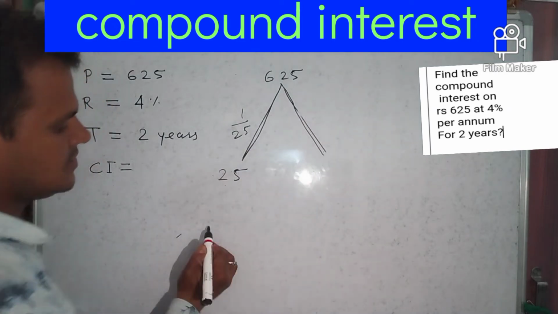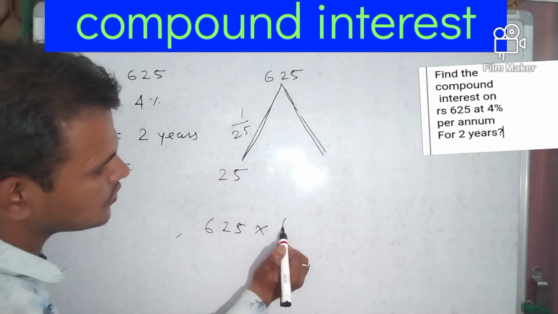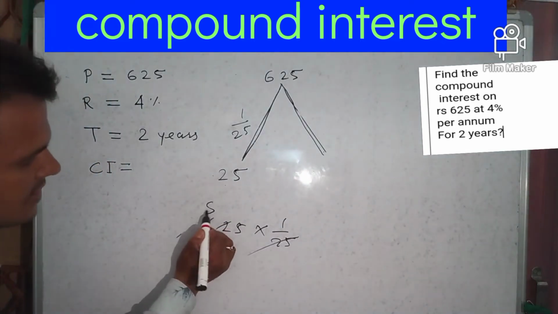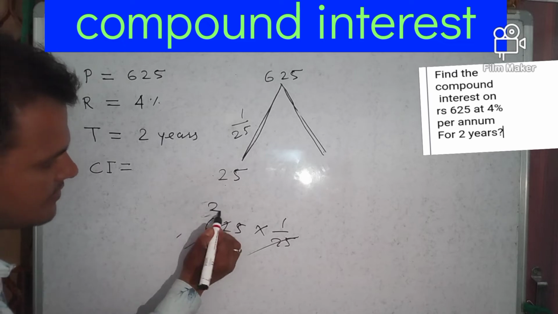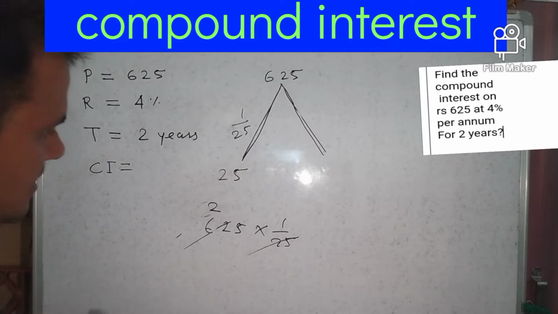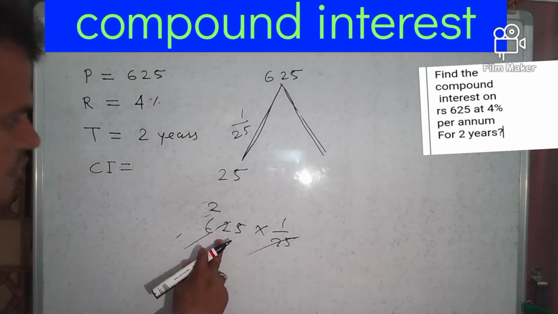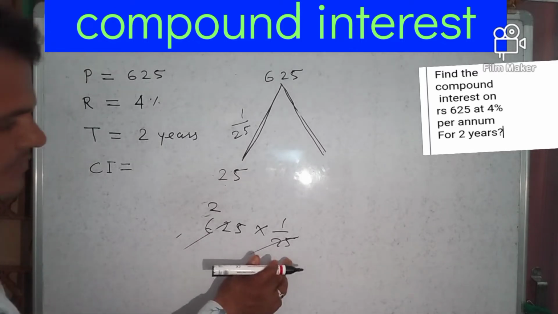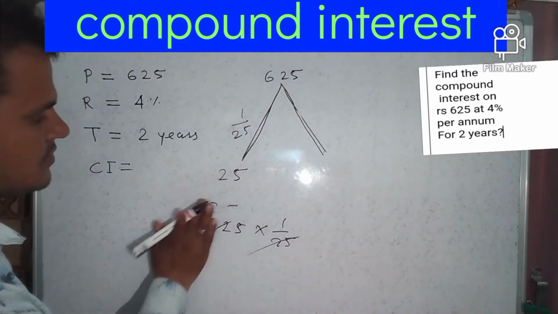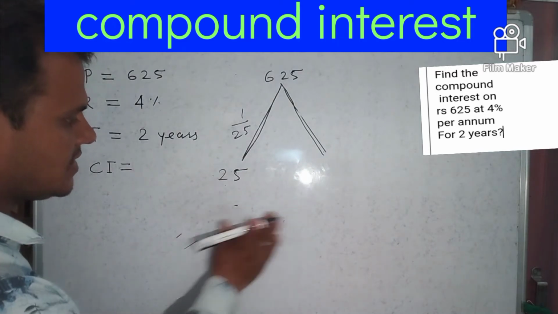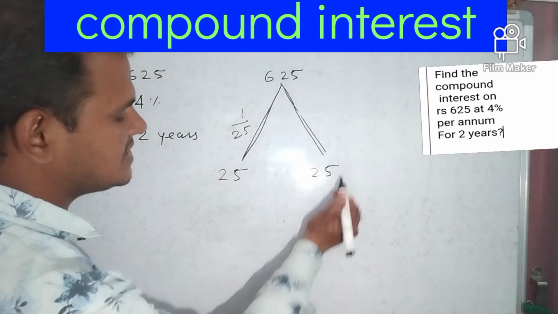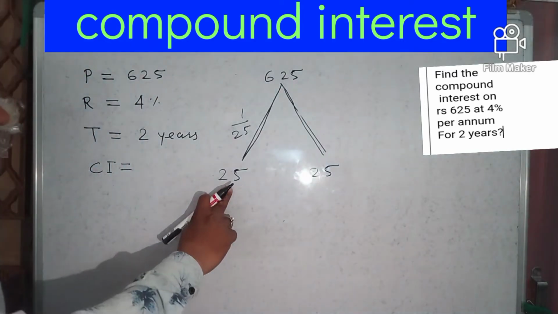Our interest for 1 year is 25. The second will be the same, another 25 interest.